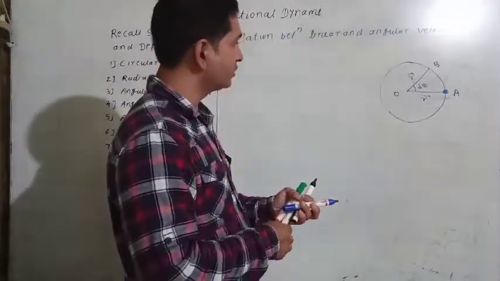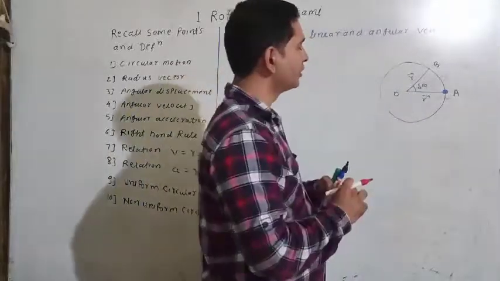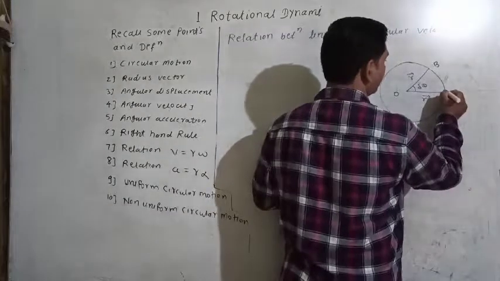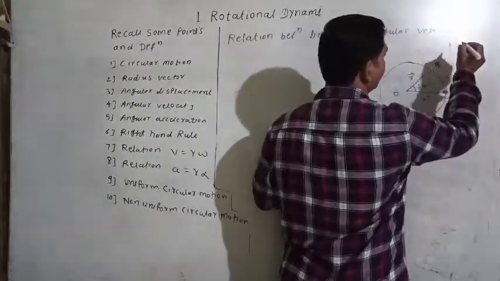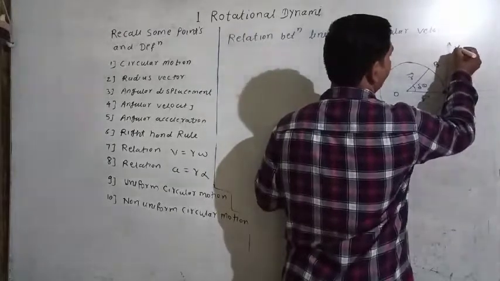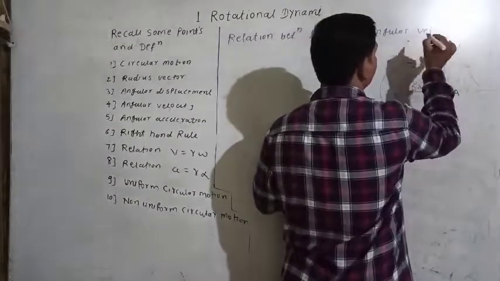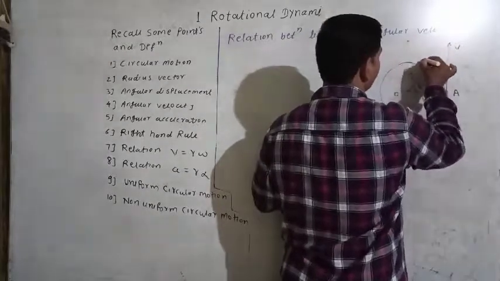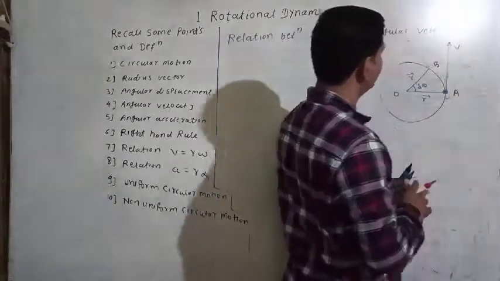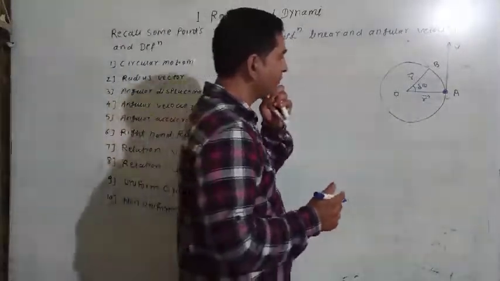When the particle is performing circular motion, at the tangent we get the linear velocity, also called tangential velocity, given by v. Here also we get the tangential velocity v.